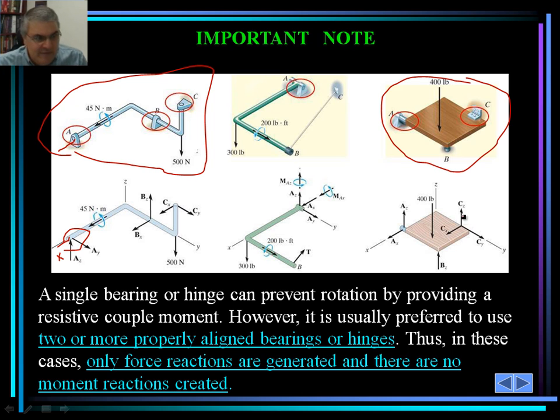If we take a closer look at C, we would realize that C can rotate in all directions because of the way it's being provided, but it cannot go through any kind of motion, so it's prevented from moving in the X, Y, and Z. As such, we're going to have three components of the reactions at C. And if you look at, for example, support A, again, it's free to rotate, but it's not free to translate in two directions, and that is in the Z and X. It is free to move in the Y direction that's shown here.